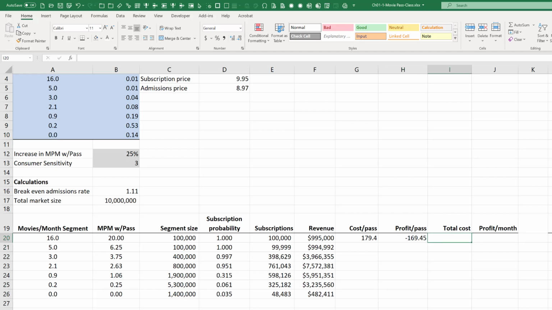Now the total cost will be the cost per pass in that segment multiplied by the number of subscriptions, okay, and then profit per month will be the revenue minus the total cost.